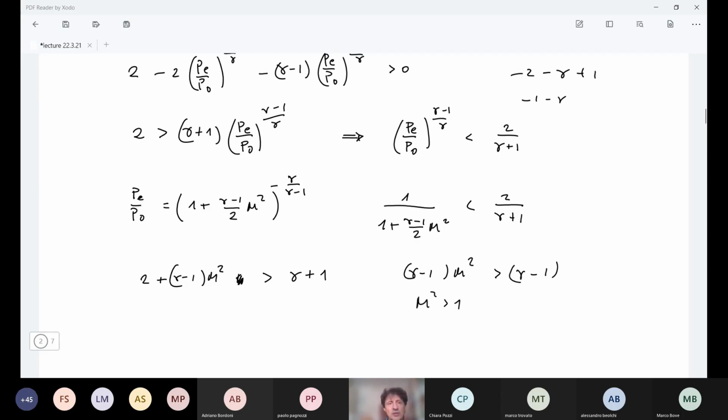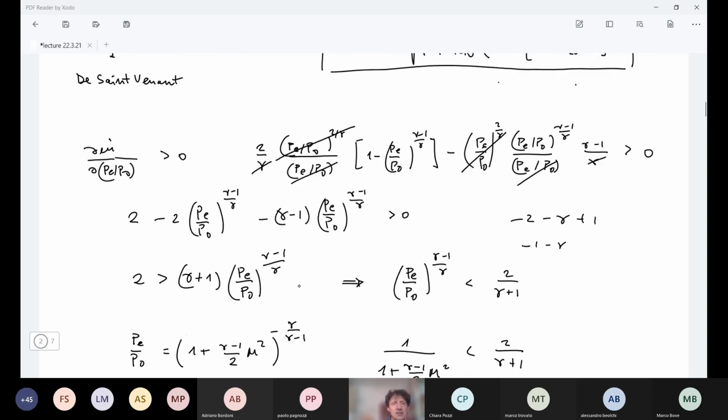So this is the condition for the derivative that I made with respect to P over P0 must be positive.